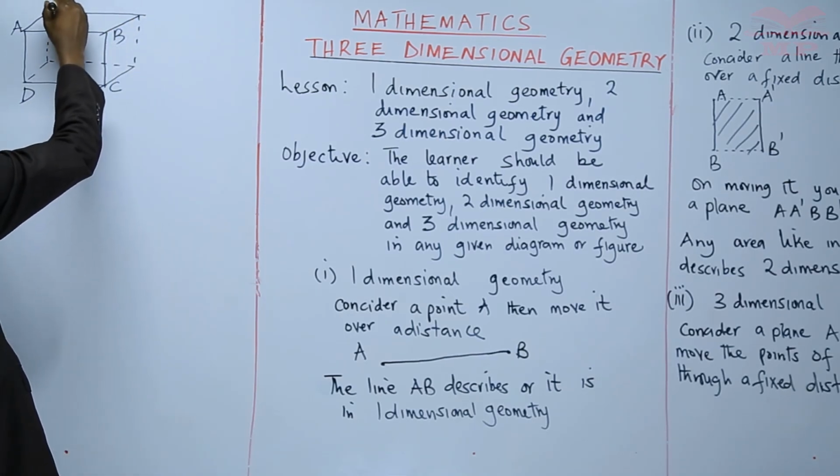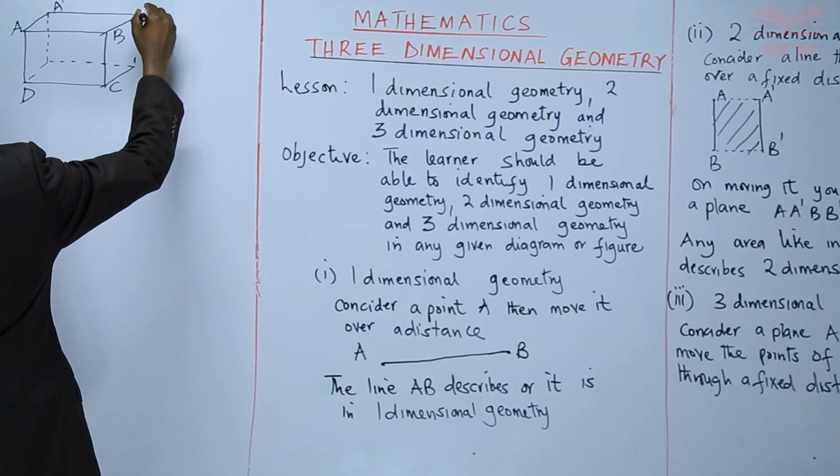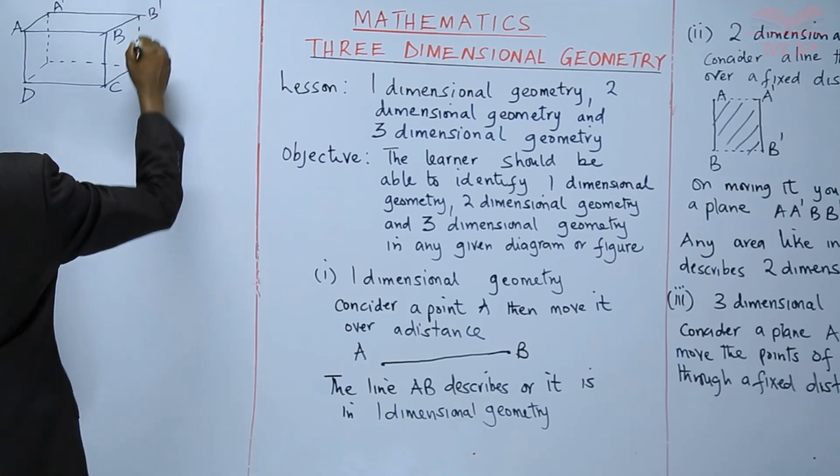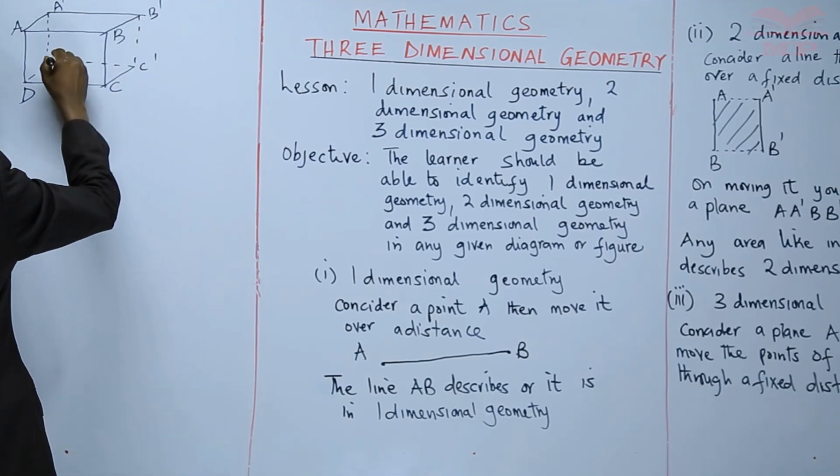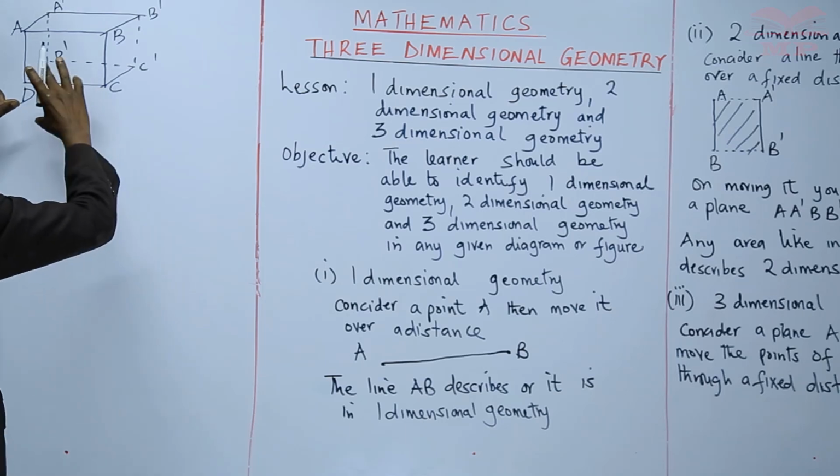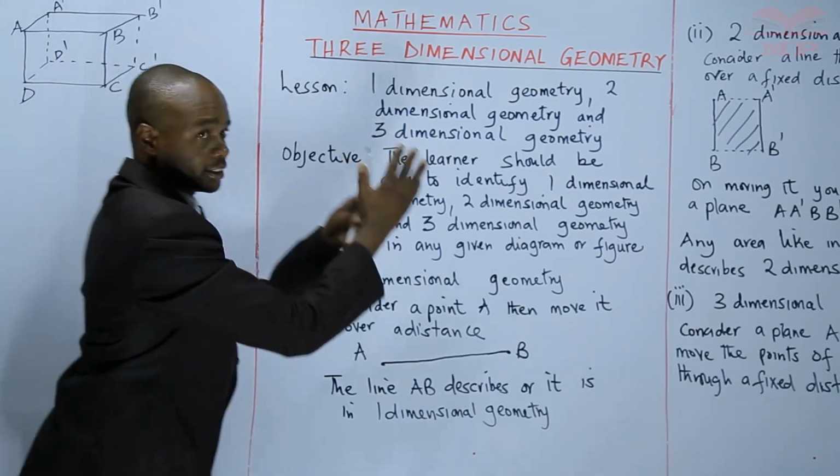So the new points for A will be A prime, B prime, C prime, and D prime. I've moved that plane through a fixed distance.